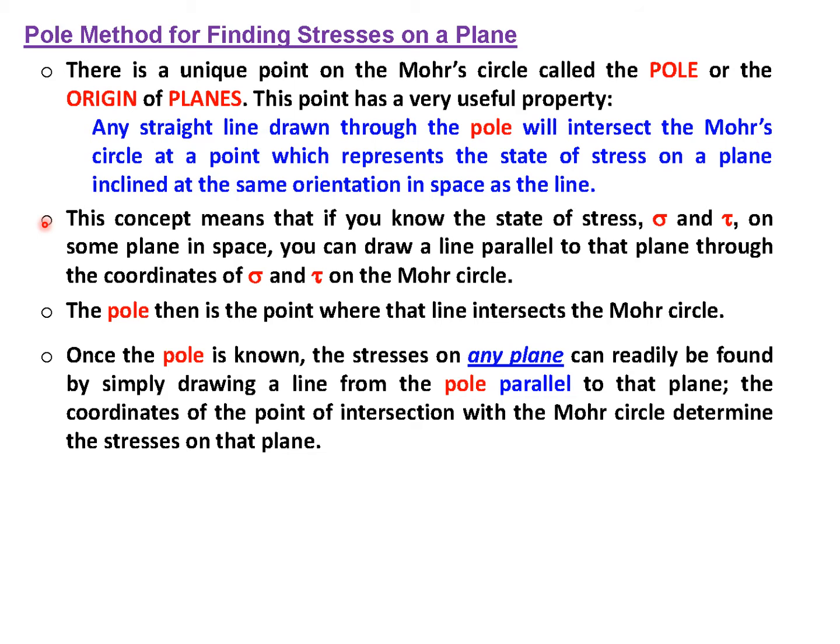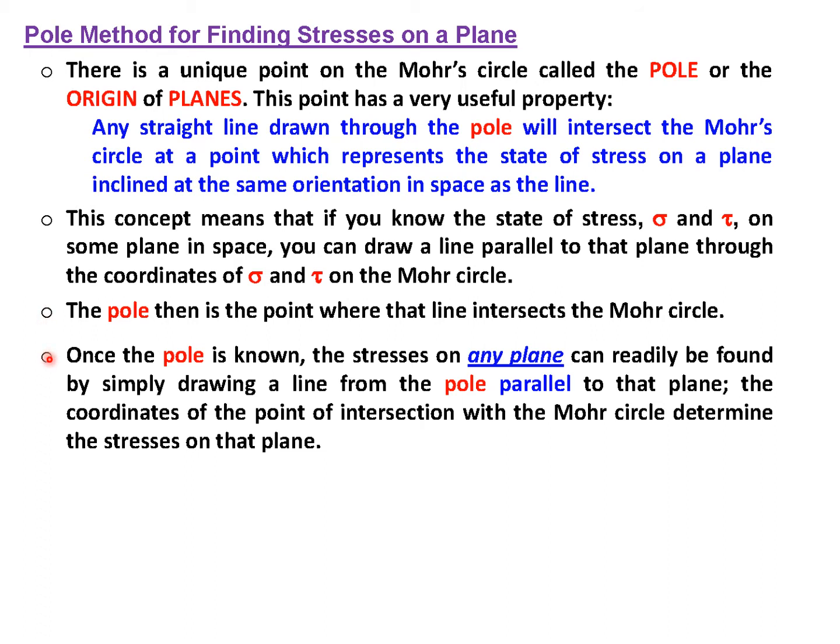The concept means that if you know the state of stress sigma and tau on some plane in space, you can draw a line parallel to that plane through the coordinates of sigma and tau on the Mohr circle. The pole then is the point where the line intersects the Mohr circle.